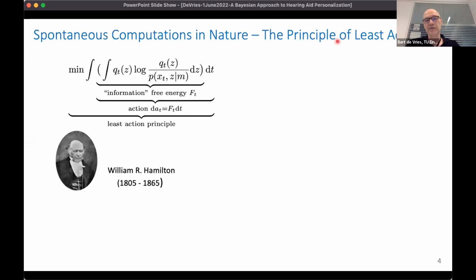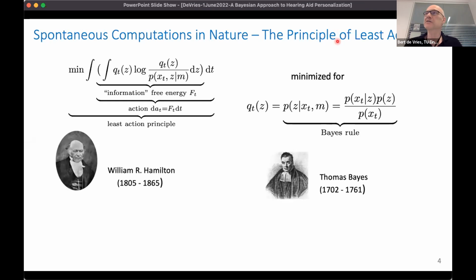On the other hand, if we minimize this variational free energy functional, the information theoretic formulation of this principle, then that implements something called Bayes' rule. And Bayes' rule is really the fundamental rule for information processing and machine learning.